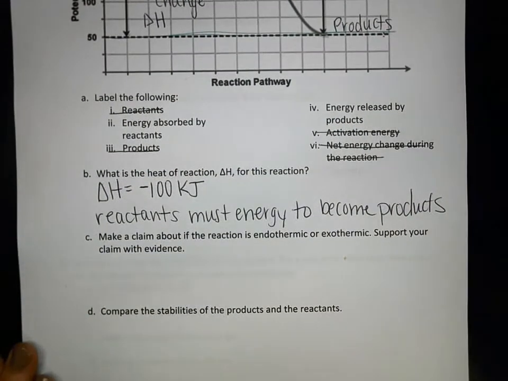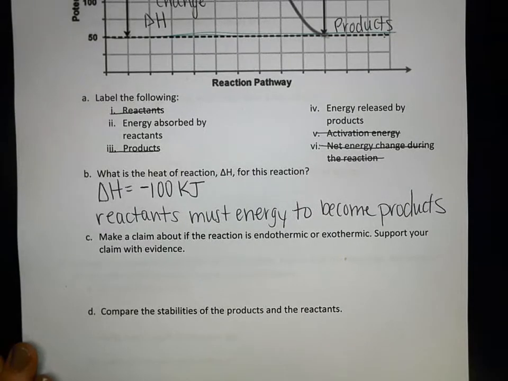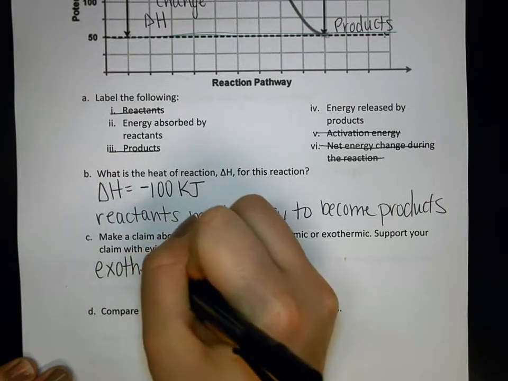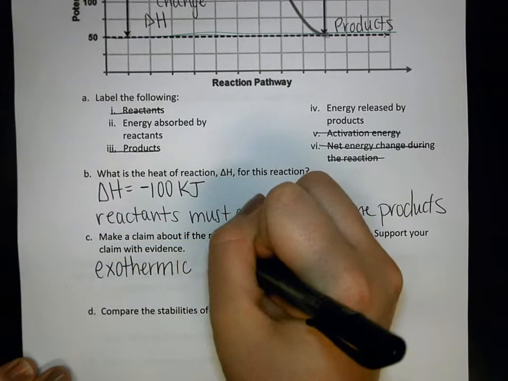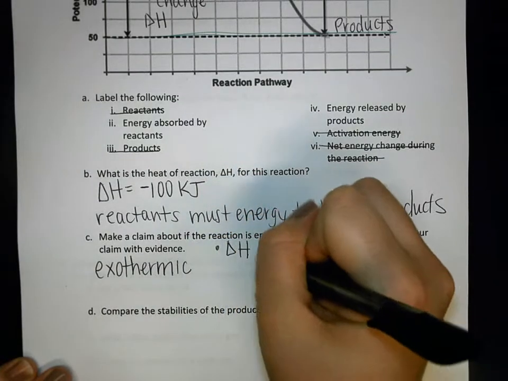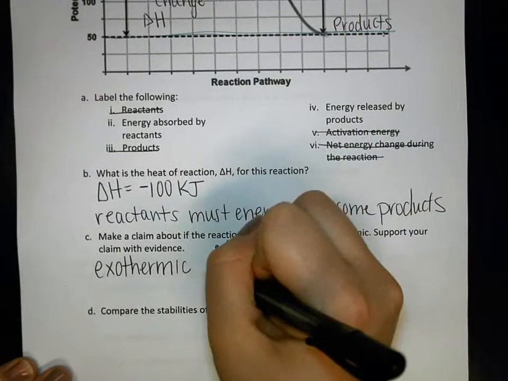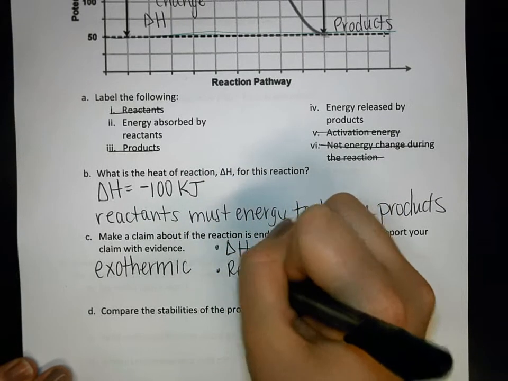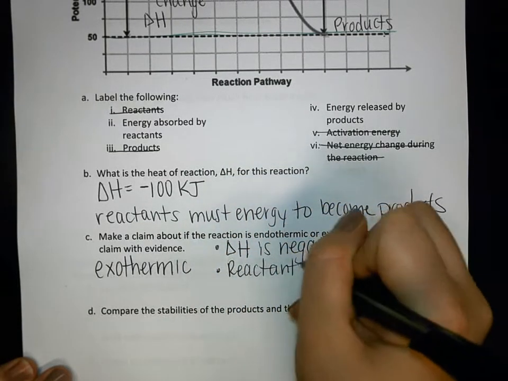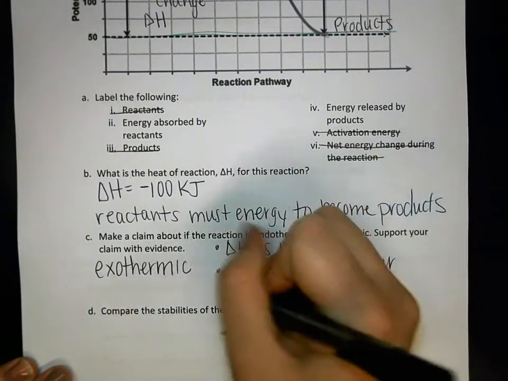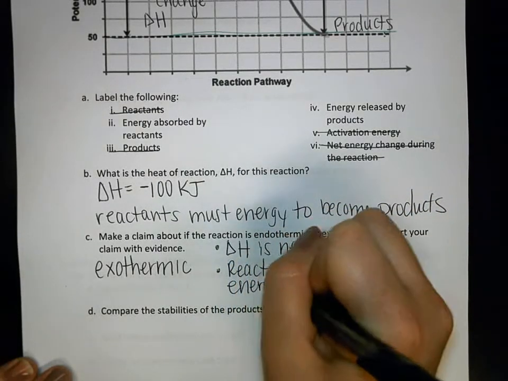Next question, make a claim about whether this is endothermic or exothermic. So this reaction is exothermic. Ways that we know is that delta H is negative, and because reactants are higher energy than the products.